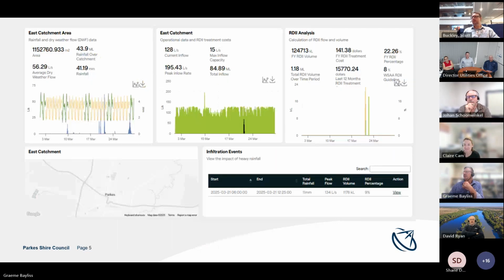And that produced the following table where it showed how much flow came in through each rain event. You can see the graph in the top left. There's like a normal type of flow with the weekend flows and a couple of rain events coming through. And we had a cost of how much it cost to treat a megalitre of effluent.